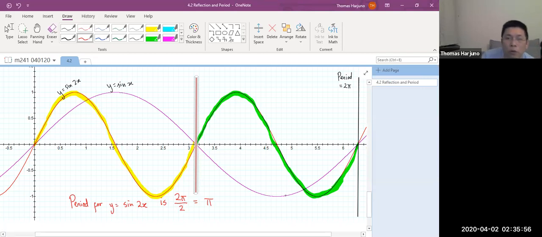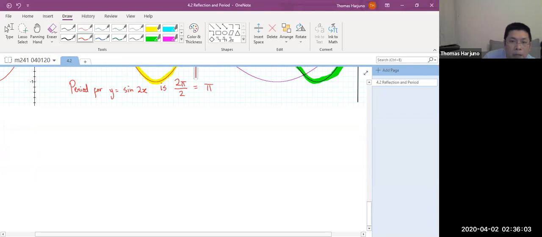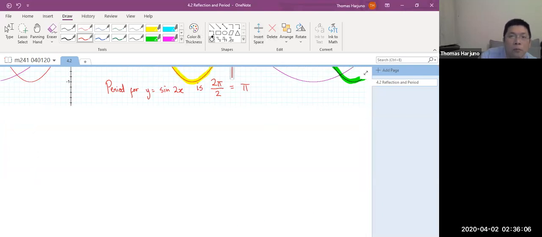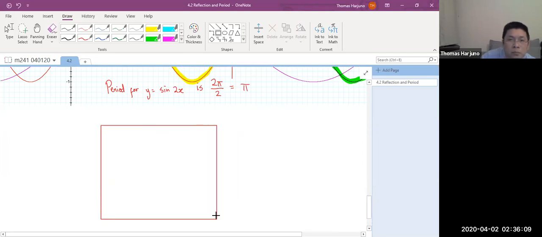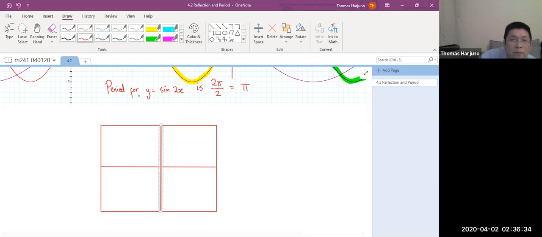Okay, so if I try to summarize this picture above into my 2 by 4 column, then you will see that the center stays the same, right? The center stays the same at 0.